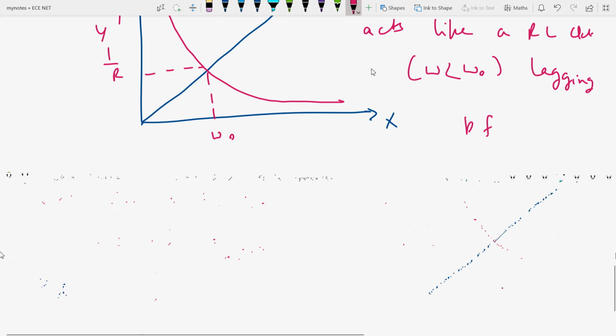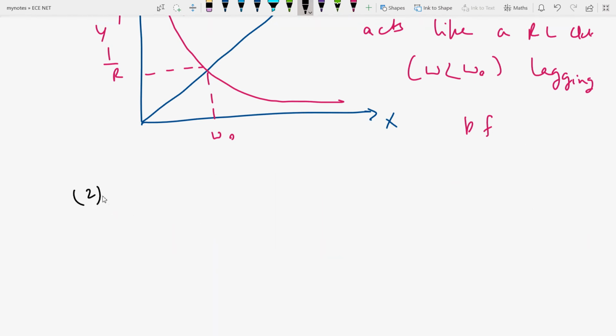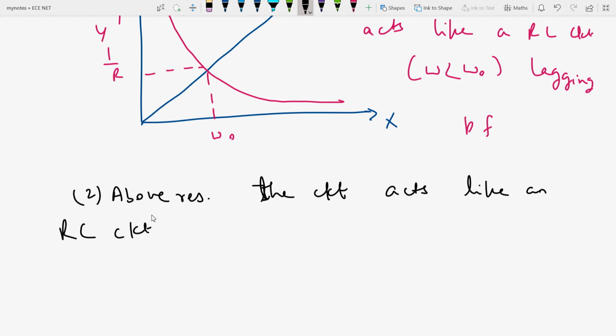Second point is what? That above resonance, the circuit acts like an RC circuit. That means at omega greater than omega naught, it is having leading PF.